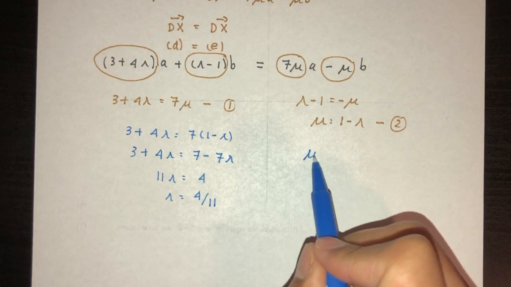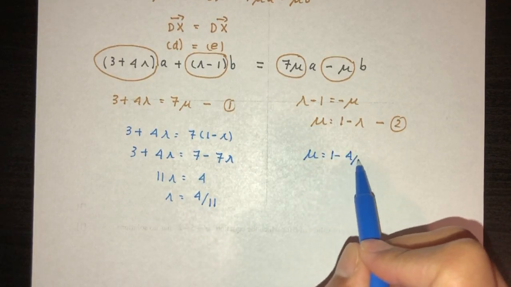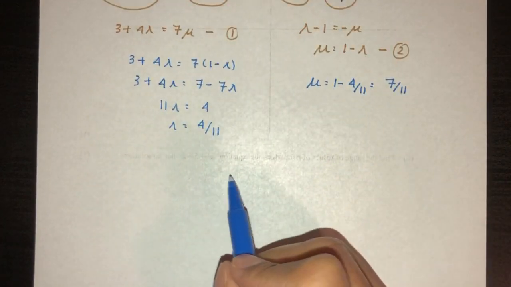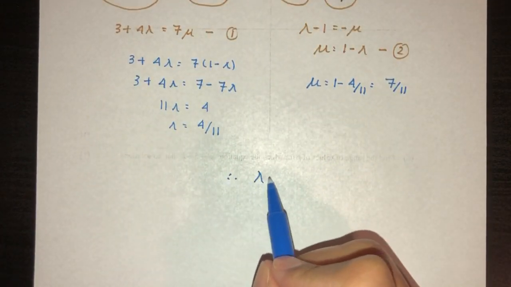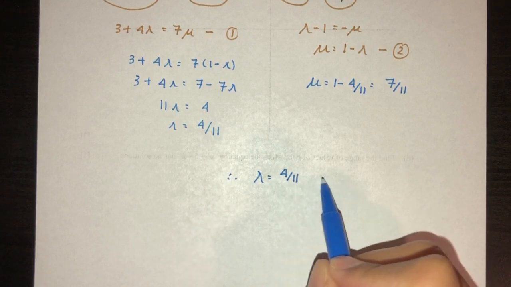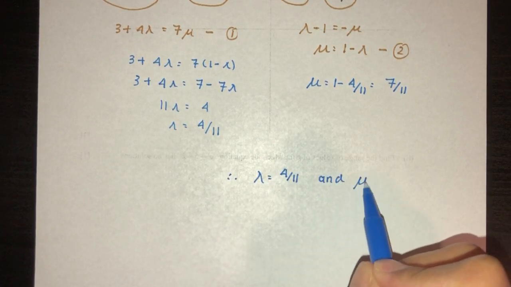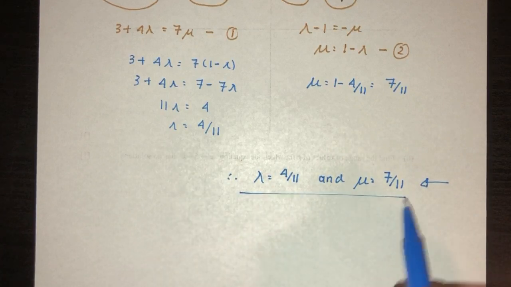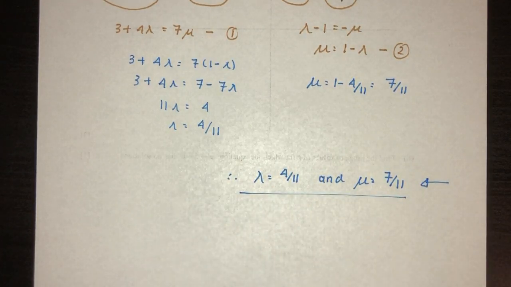Now mu, 1 minus 4 over 11 will be 7 over 11. So finally we have the two values. Lambda is 4 over 11 and mu is 7 over 11. That will be question number 9.